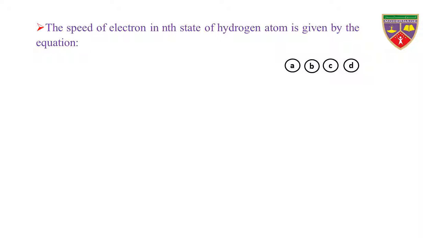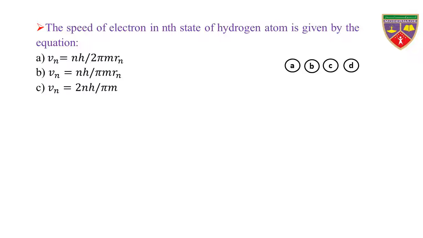The speed of electron in nth state of hydrogen atom is given by the equation. Option A, Vn is equal to nh divided by 2 pi m rn. Option B, Vn is equal to nh divided by 2 pi m rn.